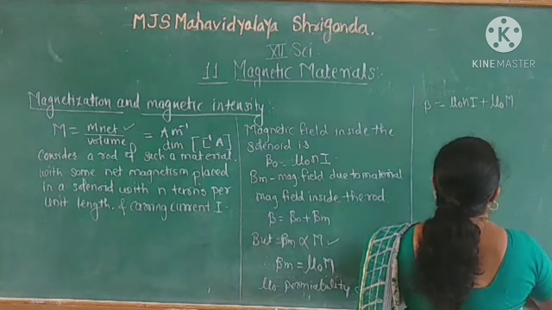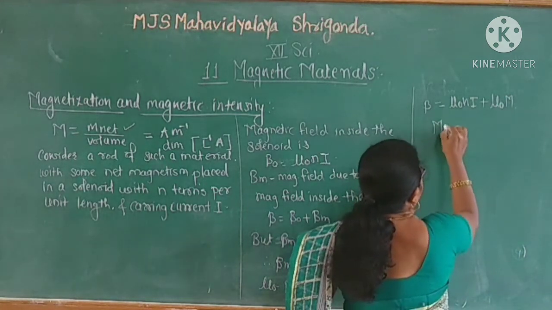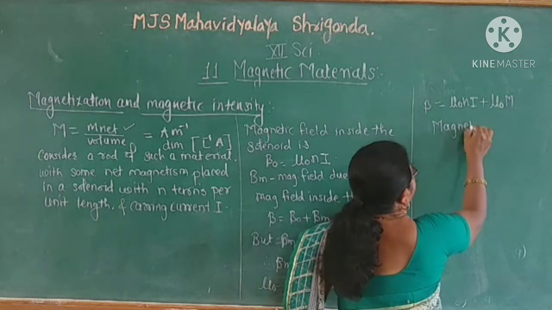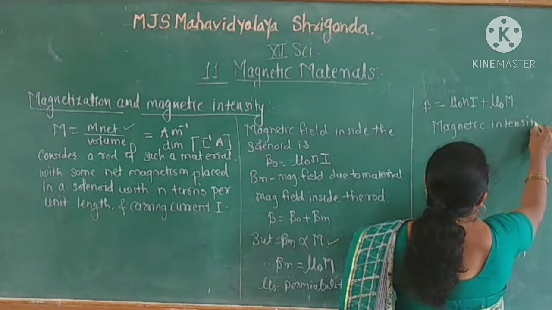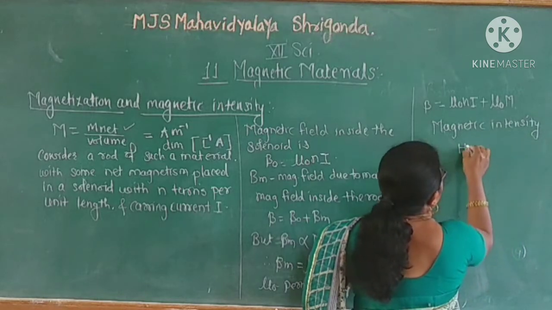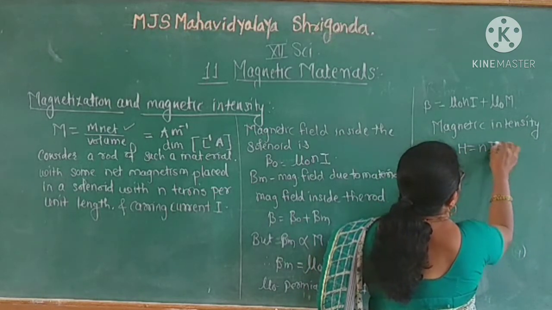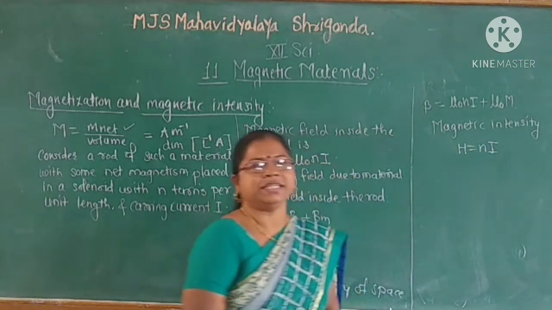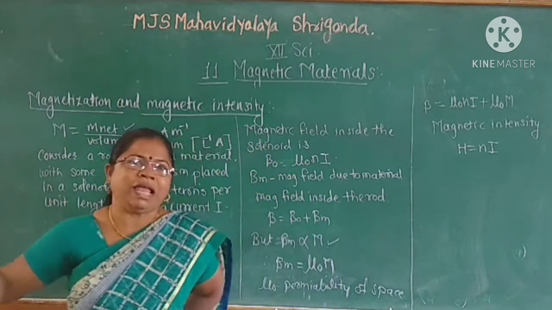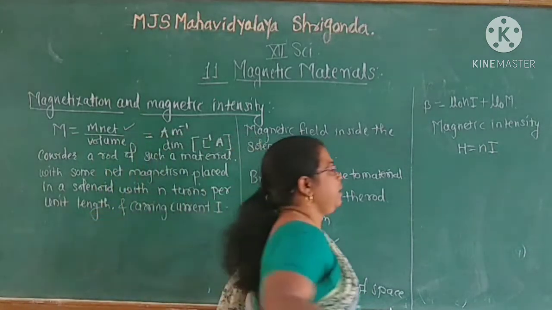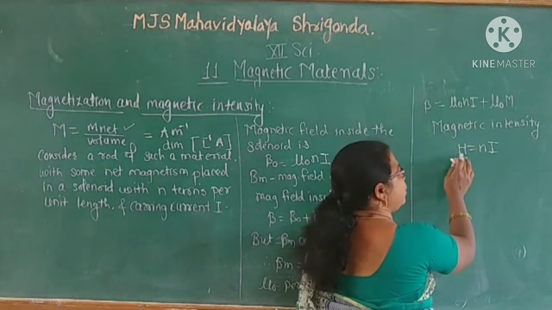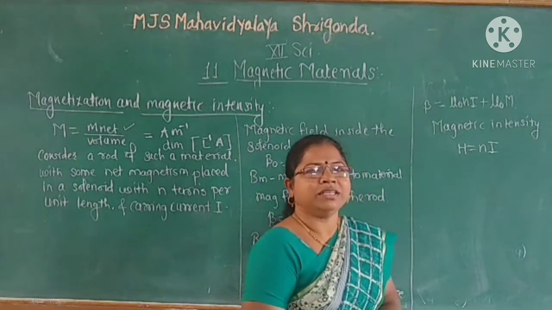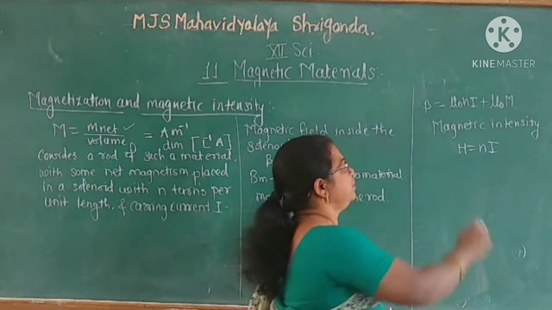So the magnetic intensity H is equal to n I, and its unit is the same as that of magnetization, that is ampere per meter.